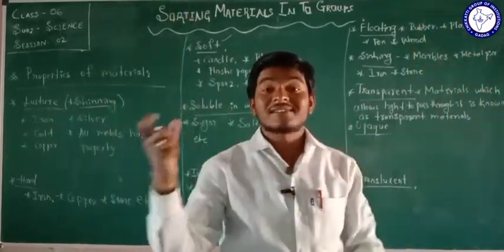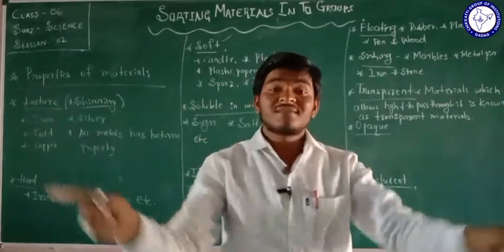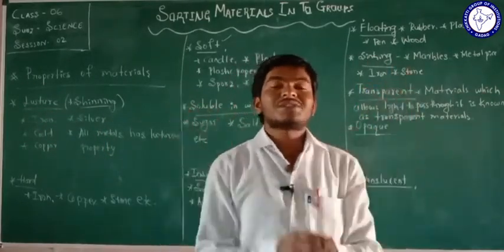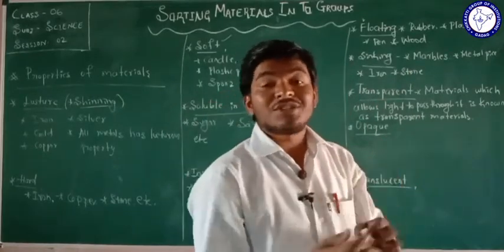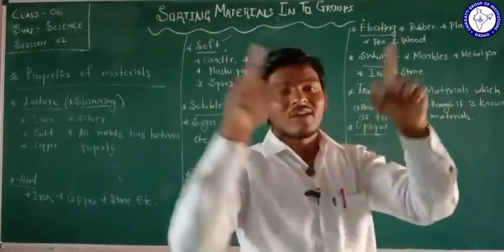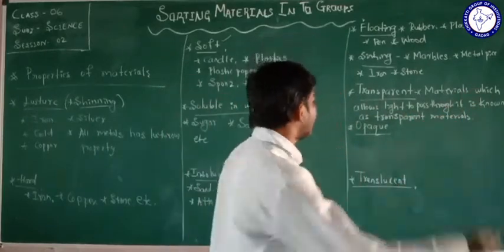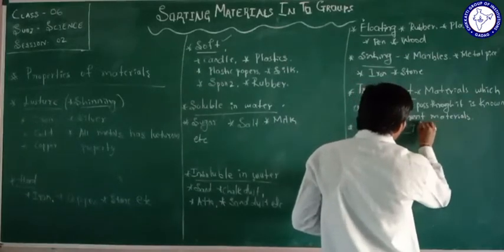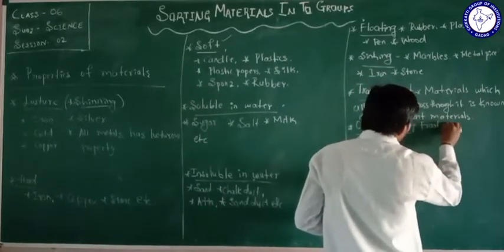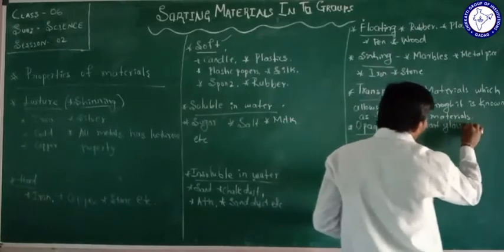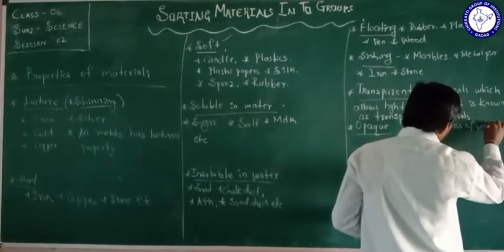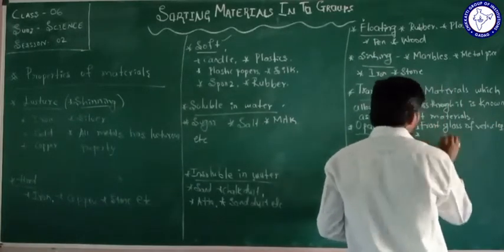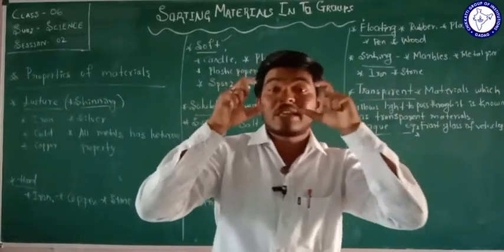That is the front glass of the bus or the vehicles, that is a transparent plastic. The materials which allow the light to pass through them are called transparent materials. Examples of transparent materials are the front glass of the vehicles, and also the specs which we can use.